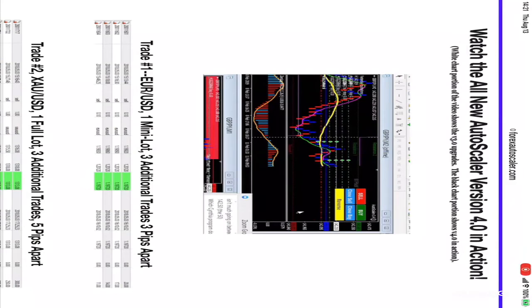This matters especially when you're trading with Autoscaler, because you have multiple trades, and you don't want to suddenly find yourself in a bunch of them just because spreads widened, not because there was any true price action.